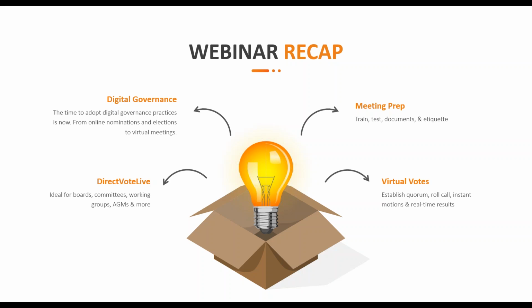And again, as we mentioned, Direct Vote Live is a great tool for helping with those virtual votes, depending on your group and what they may look like, whether it's a board or a committee, even annual general meetings that are now going virtual, and really giving organizations that tool to be able to establish quorum, run through the roll call, and also get real-time actionable results.